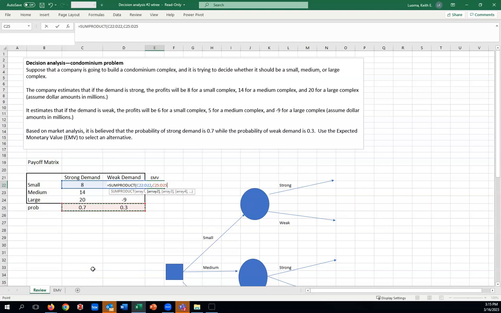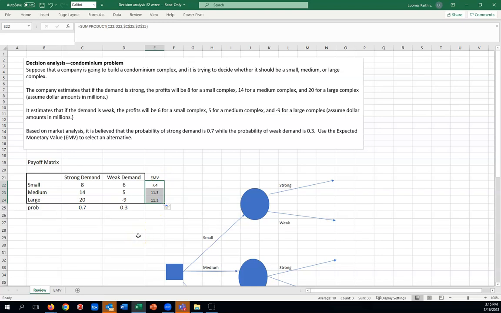So notice I want to, sometimes I say, nail down the probabilities. In other words, make them absolute reference. F4 is a shortcut way of putting in the dollar signs that make it absolute reference. And we'll click Enter. So that's 7.4 for EMV, again, as a result of doing 8 times 0.7 plus 6 times 0.3. We can do the other two by just copying that formula down.